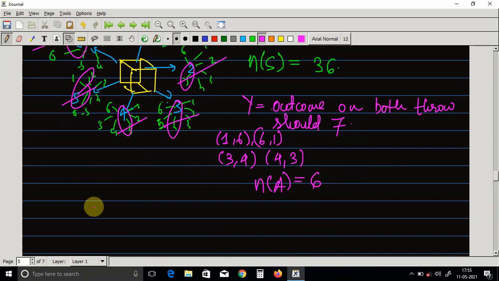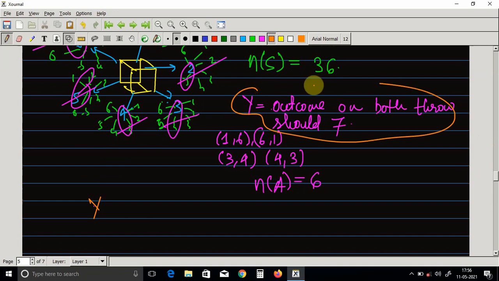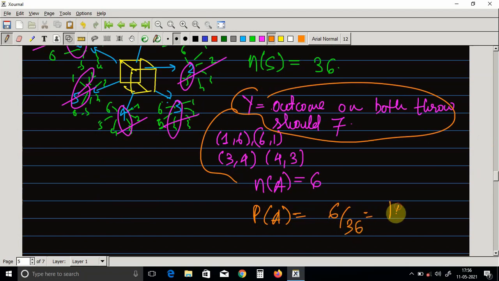So what is your random variable? Your random variable is y, and the probability connected with that random variable is probability of a, which is 6 by 36, that is 1 by 6.